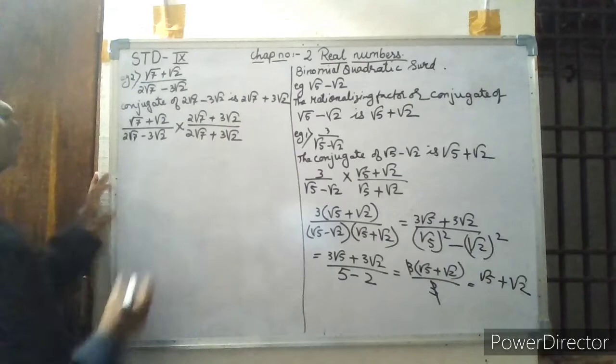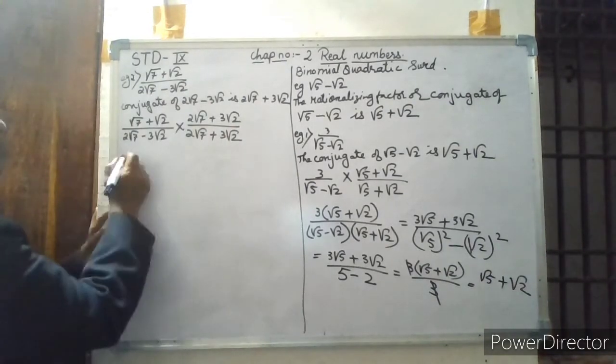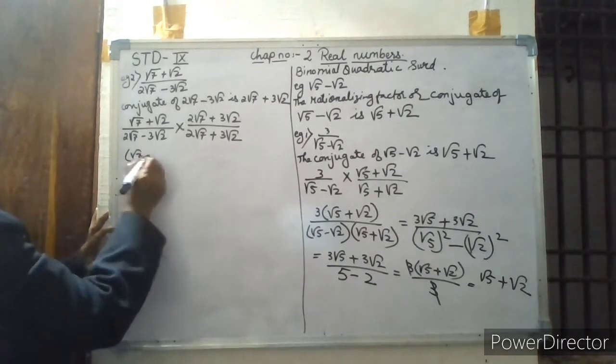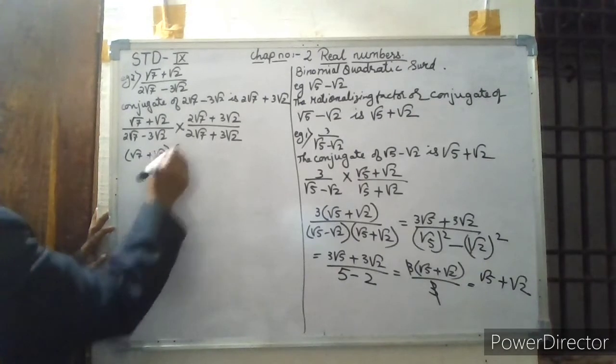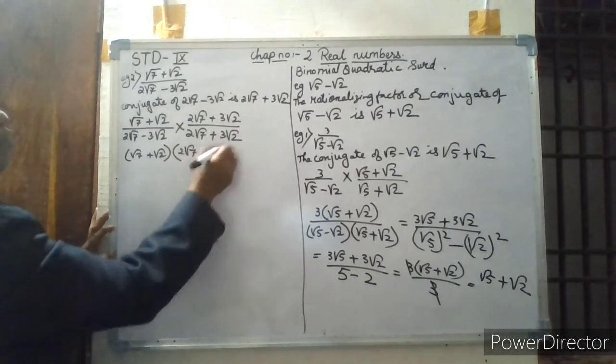So binomial numerator, binomial denominator too. Binomial into binomial. So the numerator will be root of 7 plus root of 2 into 2 root of 7 plus 3 root of 2, upon.